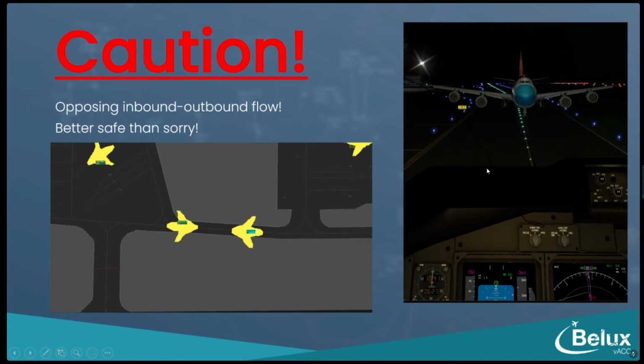And the other aircraft had been given the instruction to hold short of this taxiway, but he accidentally crossed it, so actually it was the pilot's error, not the controller's. In general, better be safe than sorry. If you think you have opposing traffic, give the hold short instruction. Do not let this one leave the apron, or very closely monitor the situation so that you don't encounter this.